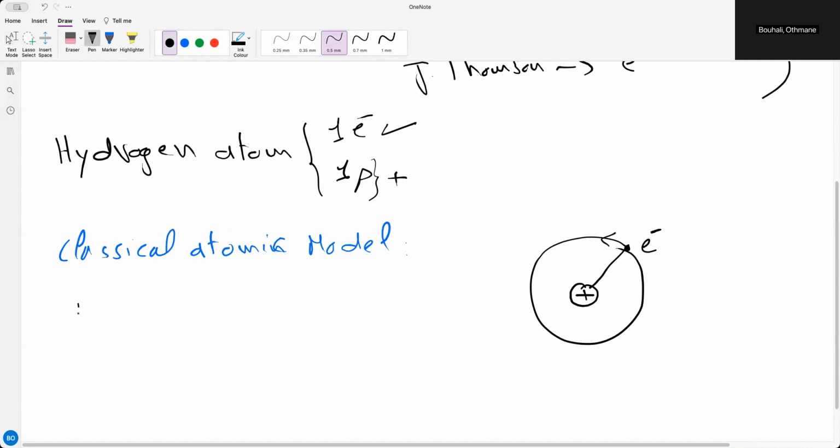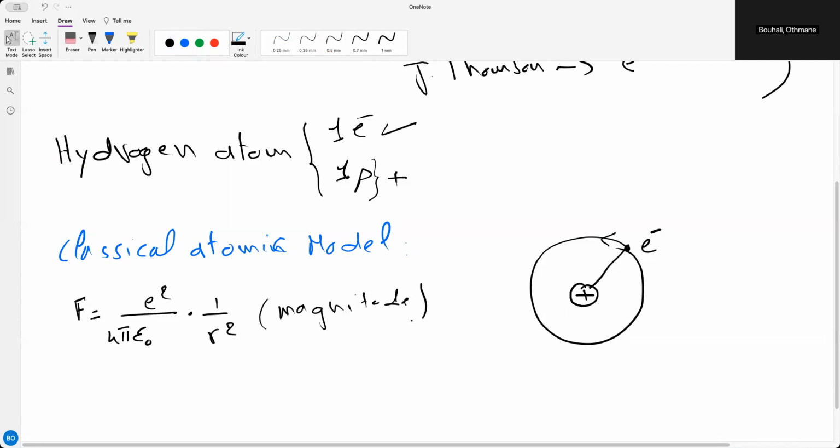And we know that this electron is subject to an electrical force. The electrical force in magnitude is equal to e squared over 4 pi epsilon 0, and then 1 over r squared. This is the magnitude of the electric force.